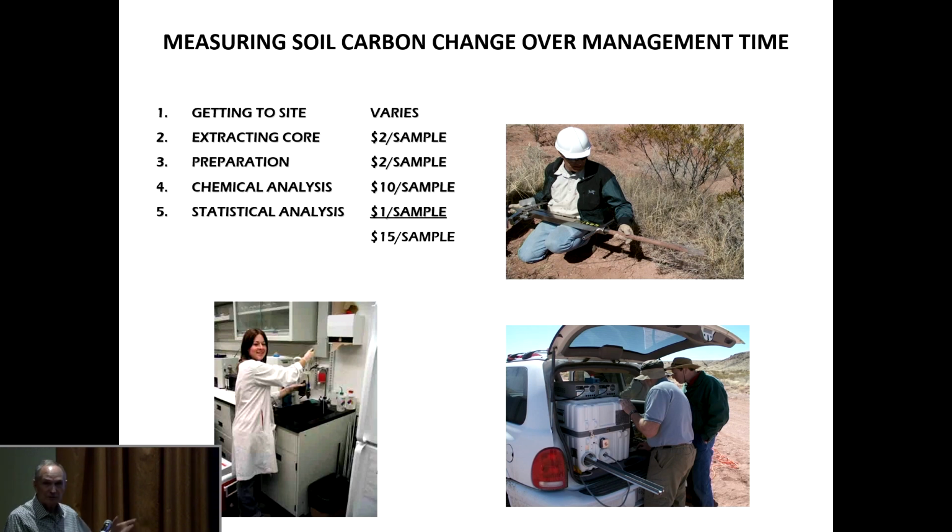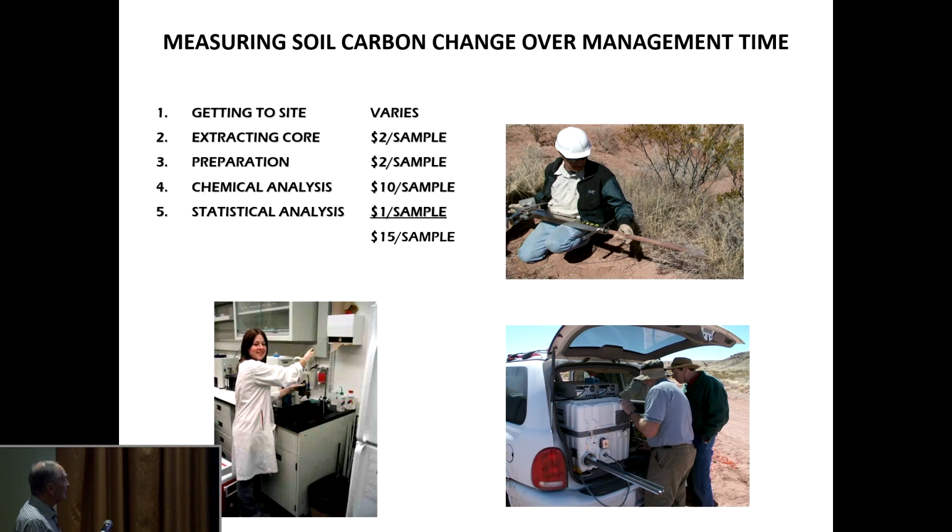These are some old numbers that I did, but just to give you an example, always the biggest cost in measuring anything extensively in agricultural land is going to be the cost of getting to the site. You spend an hour or two getting to the site, 15 minutes taking the sample, and you can take more samples if you want to, but that just reduces the spatial extent that you're sampling.